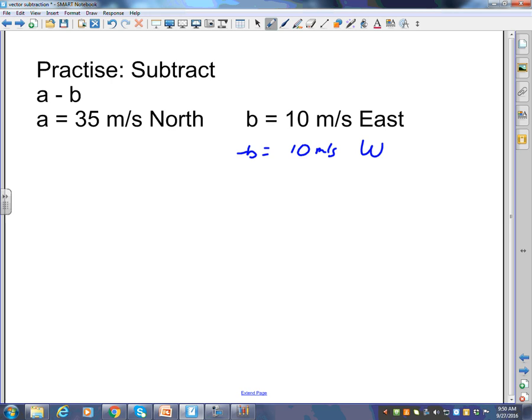Okay, so now we're going to add A plus minus B. So 35 north, and then plus, tip to tail, minus B, which is 10 meters per second west. Different color.